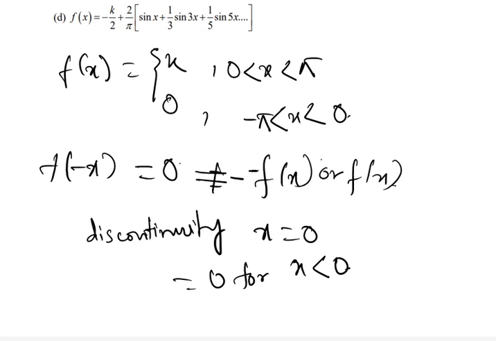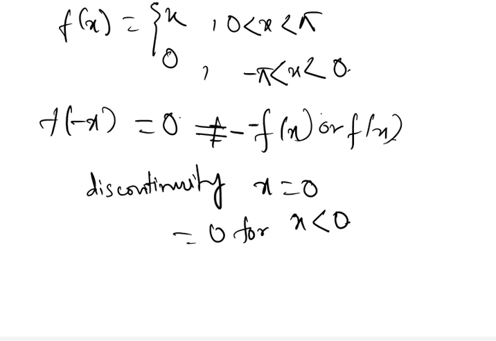So this is a half wave rectifier square wave, commonly handled in the Fourier series, with the odd extension due to 0 on the left hand side.